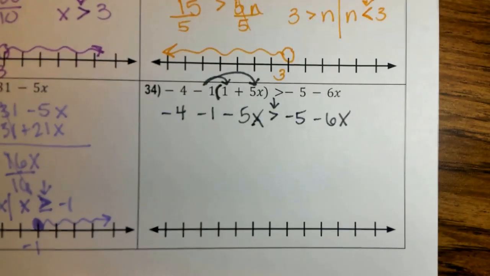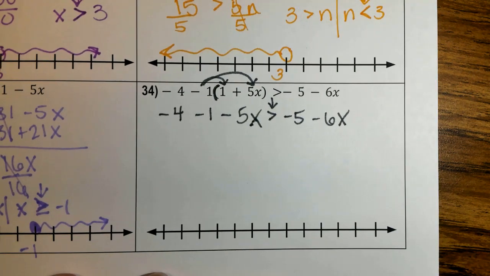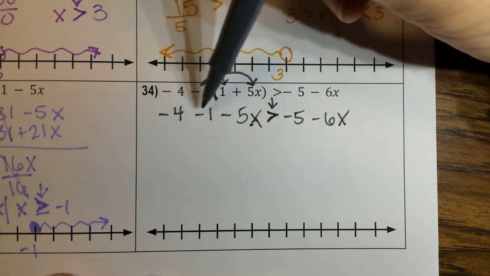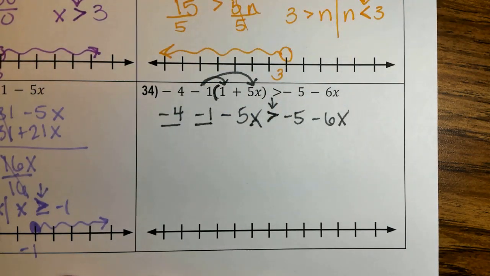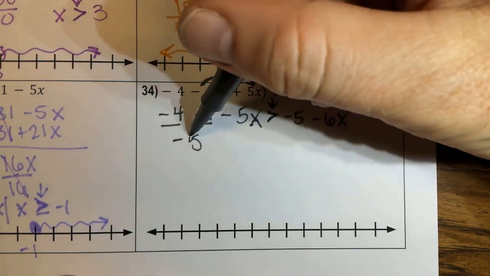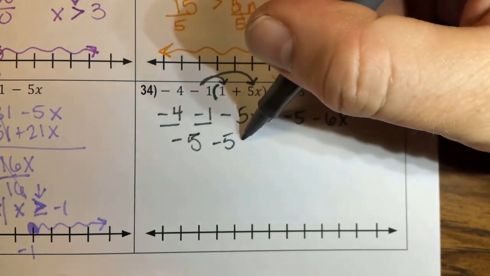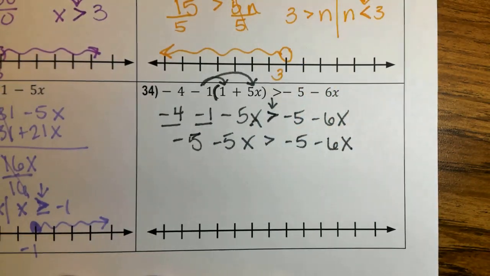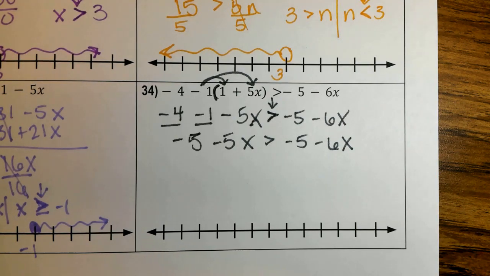Okay. So now I can combine like terms because here's my inequality sign. On my left side, I have two numbers. So I can do -4 minus 1, -5. And nothing else changes because I can't combine anything else yet.